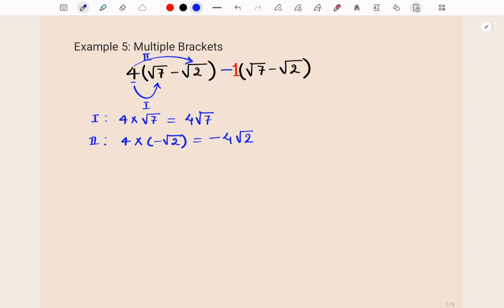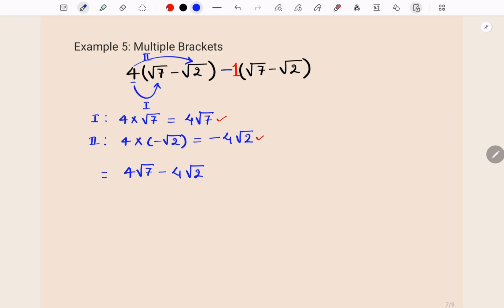Now let's go back to the original question we had. Let's write the result of the first multiplication. We have 4 root 7, and then the result of the second multiplication we have minus 4 root 2.